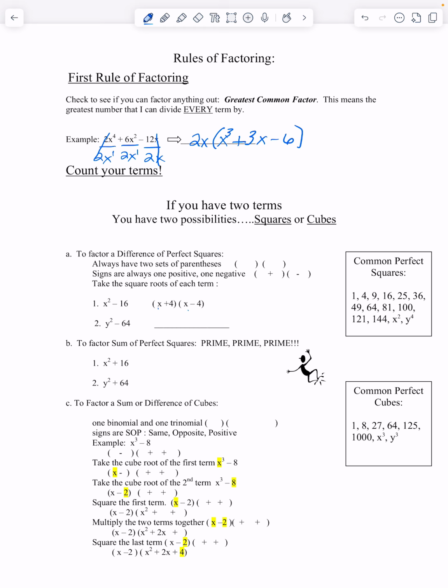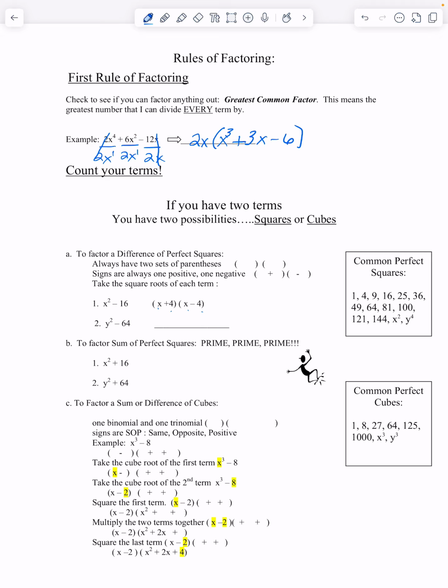So that's going to be broken up into my binomials. What did I square to get 16? 4 and 4. And you're going to see later on that the last rule of factoring is just to go back and check and make sure that you can't break it down. But as I go through, I'm just going to show you the steps of how to factor each of the different types. Then we will go into a little bit more complex ones.